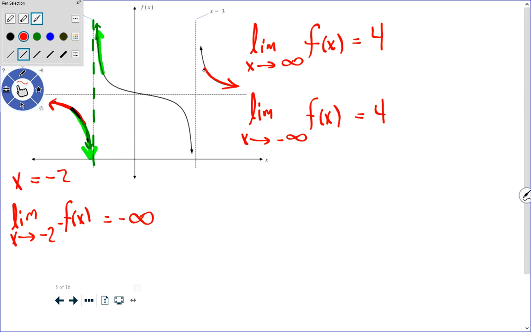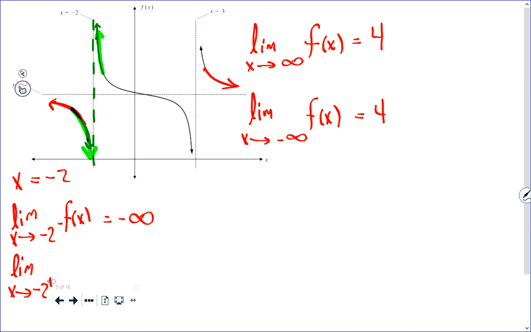And as we approach -2 from the right, the function will approach positive infinity. It's not approaching positive infinity because we're approaching from the right. It's approaching positive infinity because looking at the graph when you approach it from the right, the graph extends up.